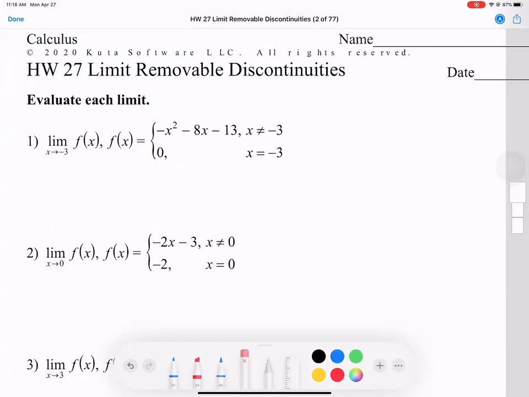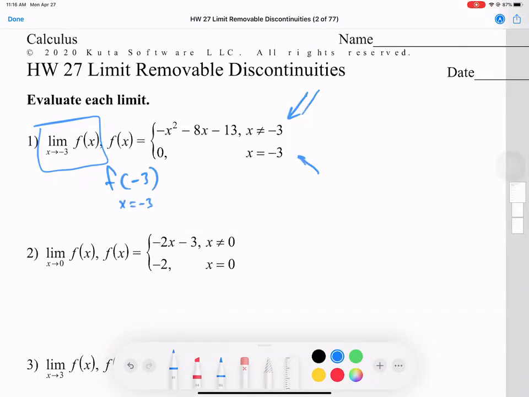Now, if you look at this problem, let's read the first part. What's the limit as x gets closer to -3? Well, we have 2 equations. One says, don't be at -3, and one says, hey, this is your value at -3. Now, if I wrote f of -3, where x is equal to -3, which function would I use?